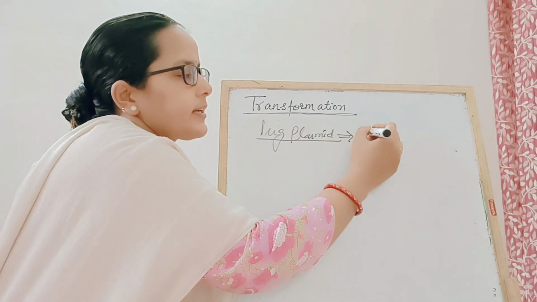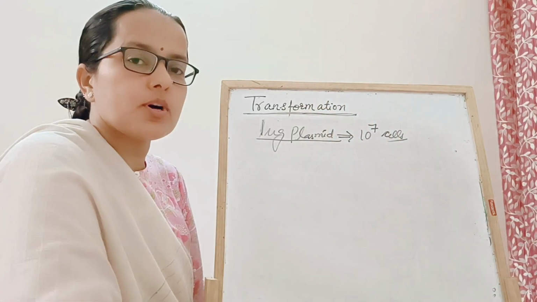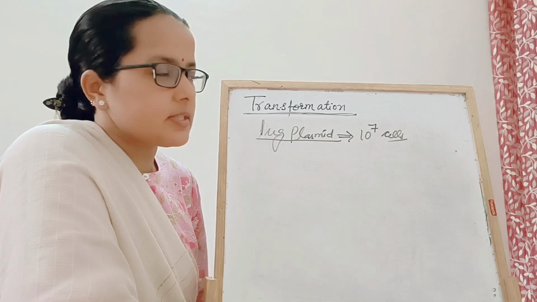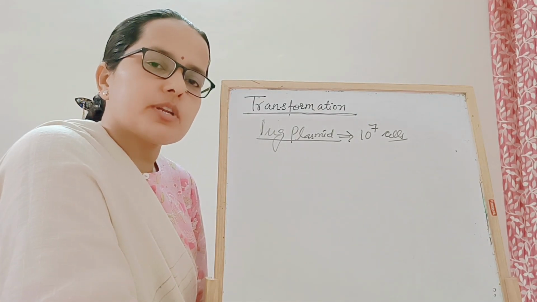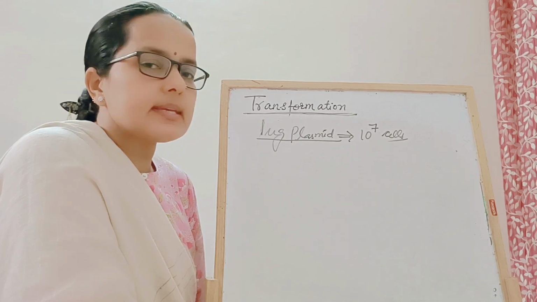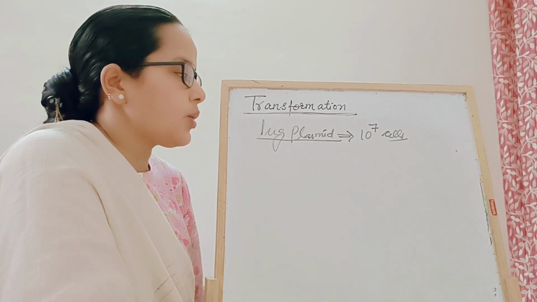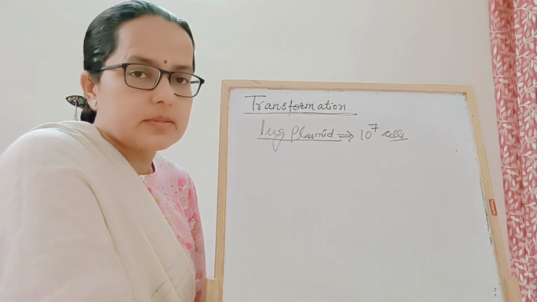If you get 10⁷ colonies or positive recombinants, that means you have very high transformation efficiency. So what is transformation efficiency? It is how many cells, positive cells, recombinants or transformants you get when you transform 1 microgram of plasmid.